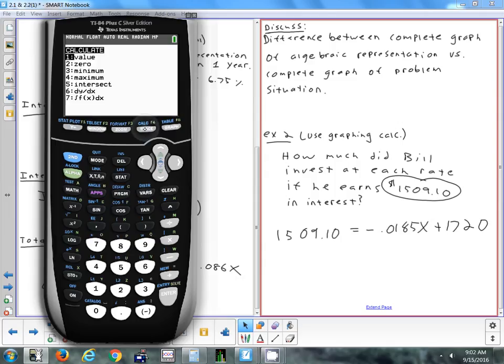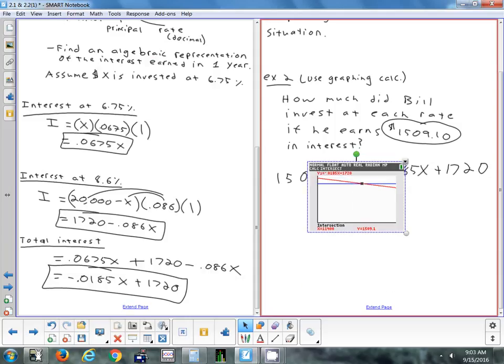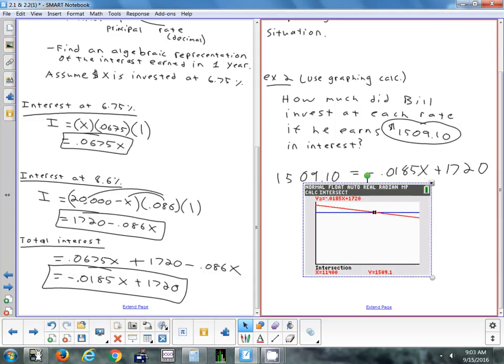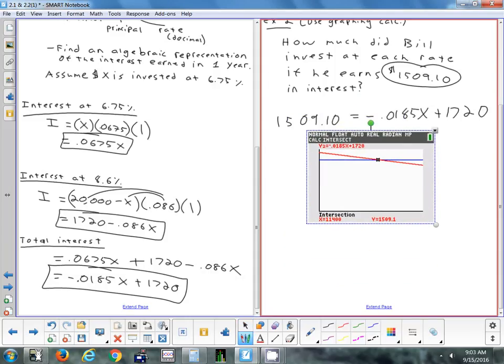So we're going to calculate where they cross. And x is 11,400. What does that represent again? X was the money he invested at what percent?